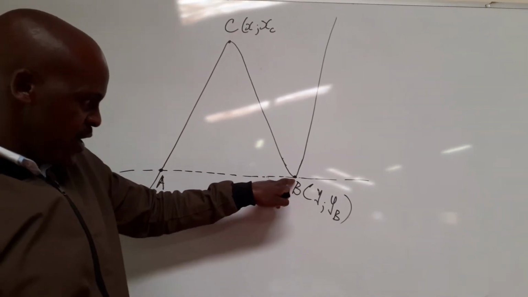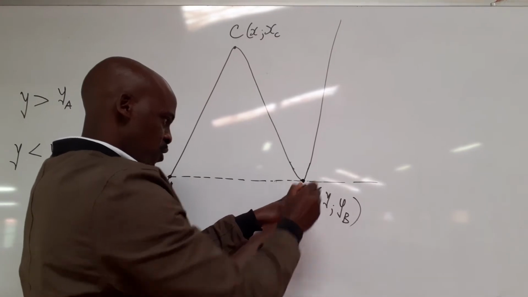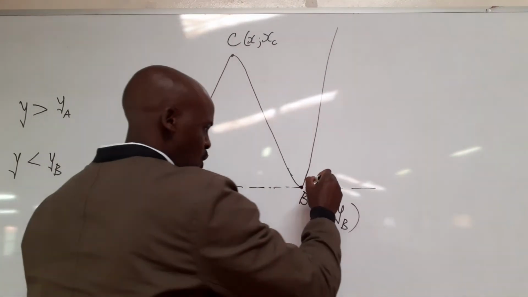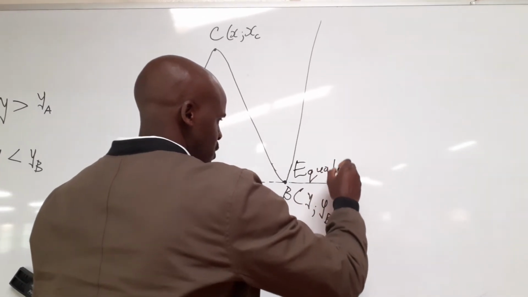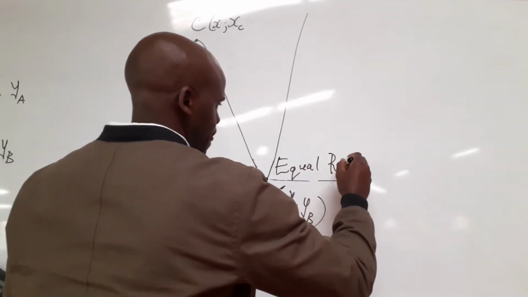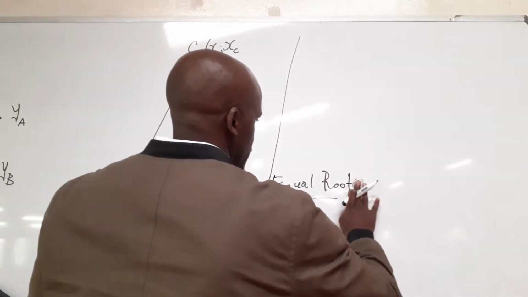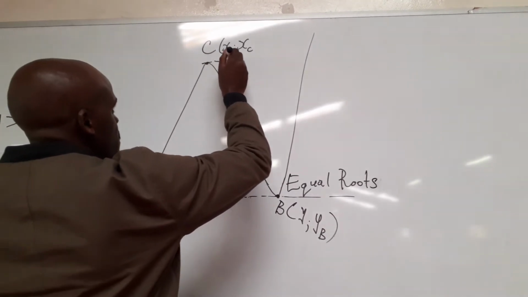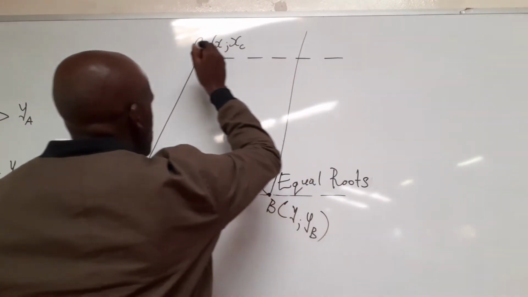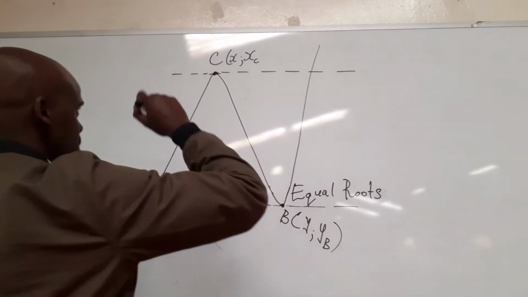If you have a horizontal line that passes through the turning point, you are going to have equal roots here. So at that point, the roots are equal.